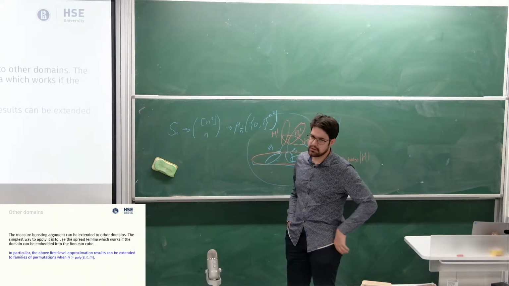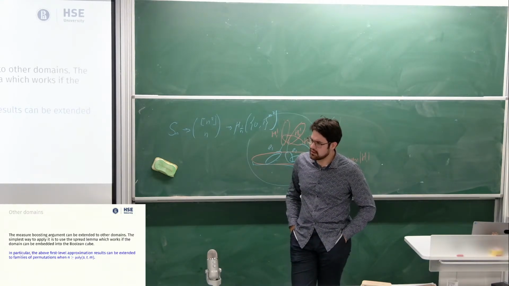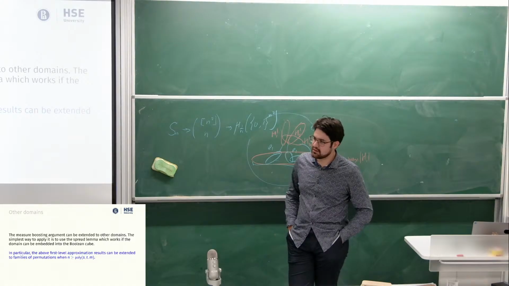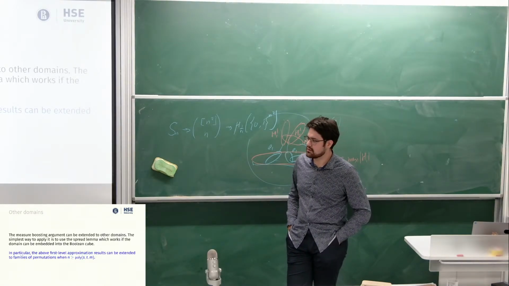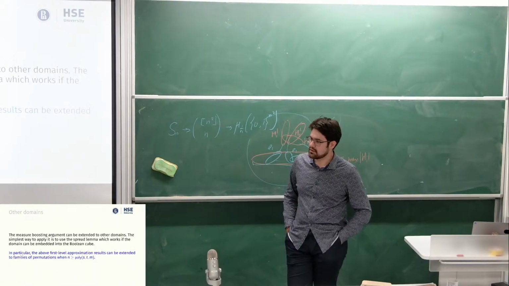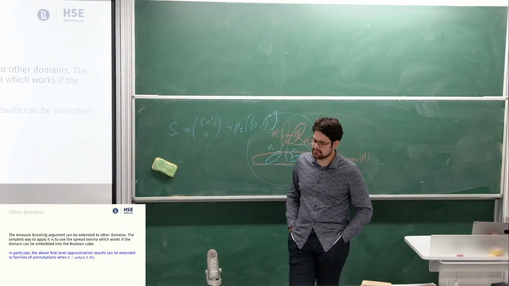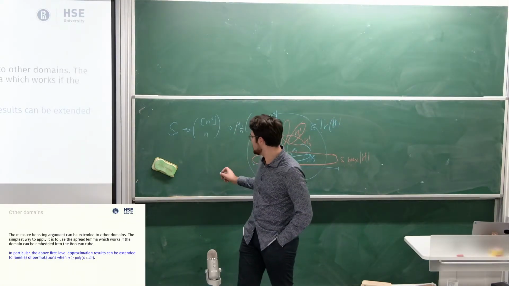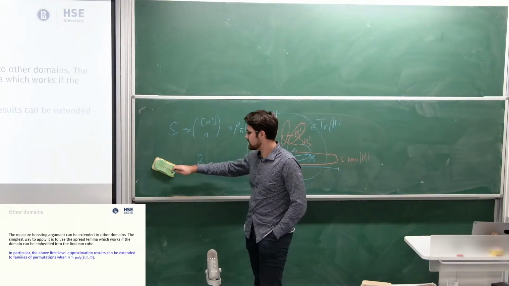This spread lemma is very good in that sense because you don't care about the initial measure. You know very little about it. But for hypercontractivity things you do care about the initial measure. It can be exponentially small, but it cannot be super exponentially small or something like that.